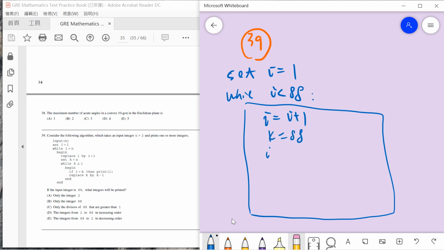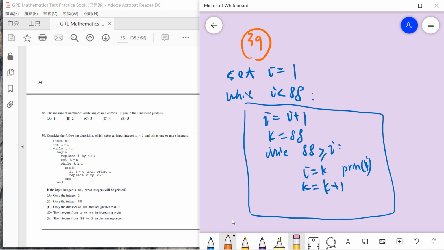Now while i is smaller than 88, we first run this code. We replace i with i plus 1, and k is 88. And if k is larger than i, then we replace k with k minus 1. If i equals k, then we print i. Otherwise, we decrease k.